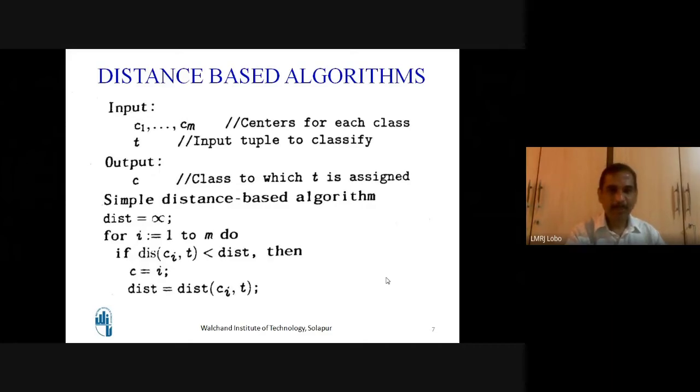Then we give an input tuple which has to be classified, and the output that we have to generate is a class. The algorithm goes by defining the distances between the tuple and the item in the center, and if it is less than the value which is defined to be the distance, then we put that particular tuple into that particular class.